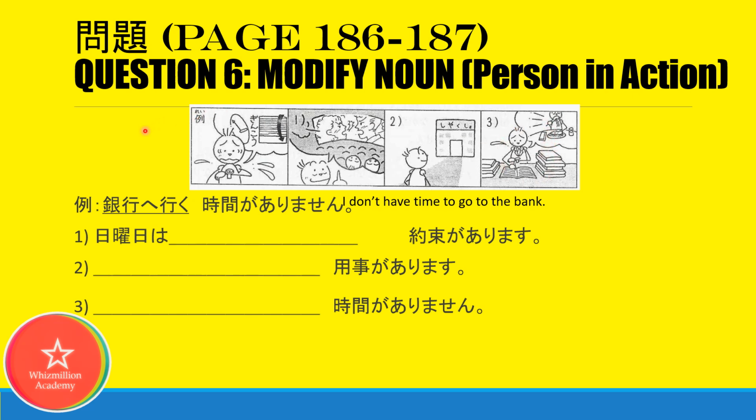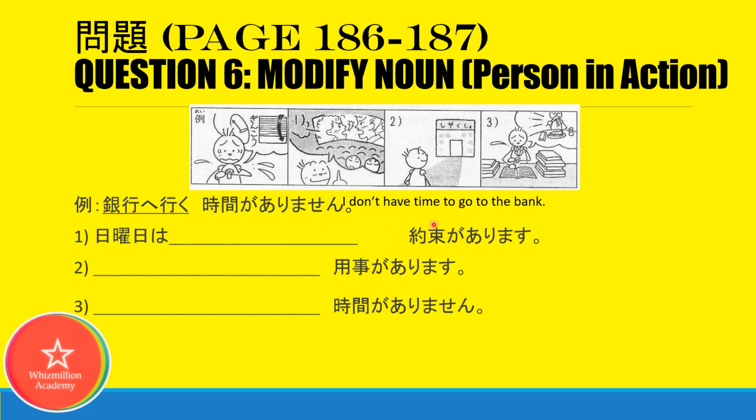Right? Okay, let's look at the example. 銀行へ行く時間がありません. I see. I don't have time to go to the bank. Okay. For question 1, 日曜日は約束があります. Okay. The noun that we are trying to modify here is 約束.